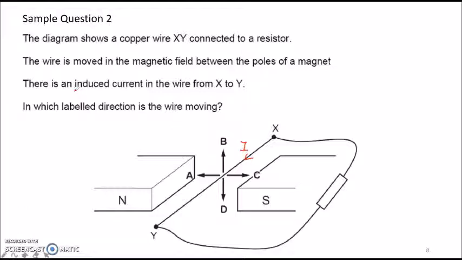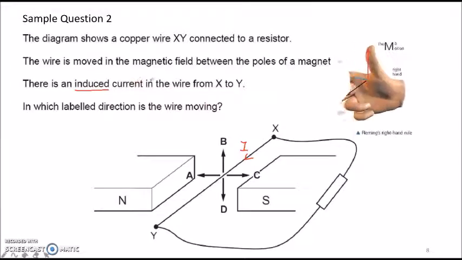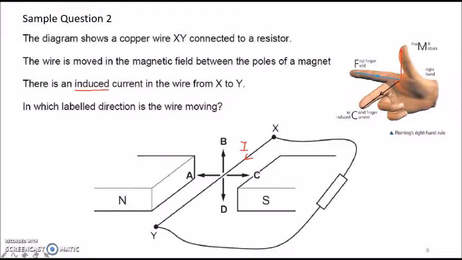Since here we already have the direction of the induced current, we use the right-hand rule. The current is from X to Y, and the magnetic field is from north to south.